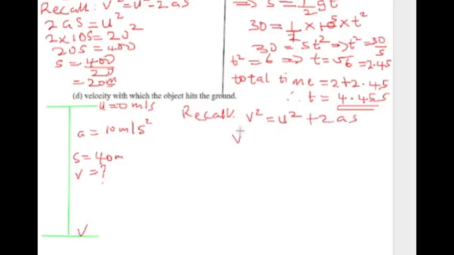This reduces to v squared is equal to 0 squared plus 2 times 10 times 40. So 2 times 10 is 20, 20 times 40 gives us 800. So v squared is equal to 800.